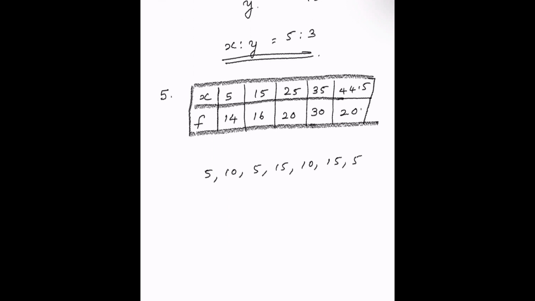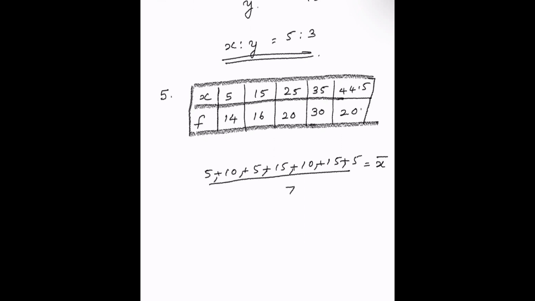How do you calculate the mean? You add all the observations and divide by 1, 2, 3, 4, 5, 6, 7. You divide it by 7. You will be doing 5 plus 10 plus 15 and so on, divided by 7, which will give you the mean.